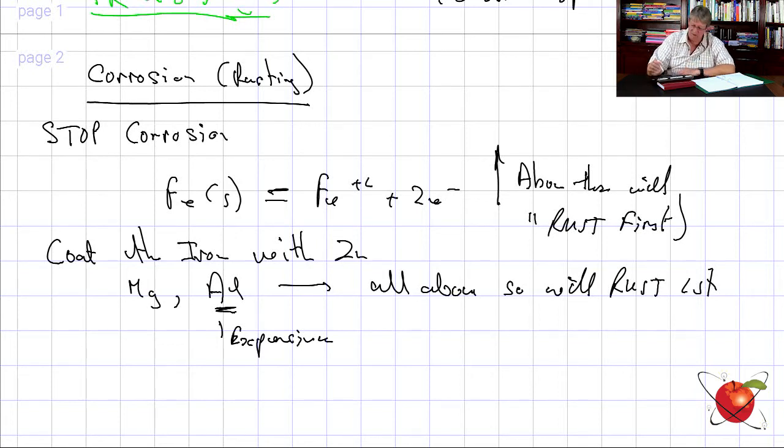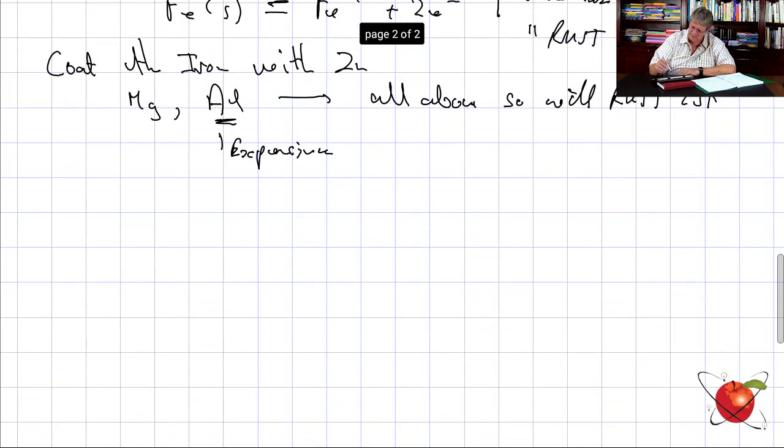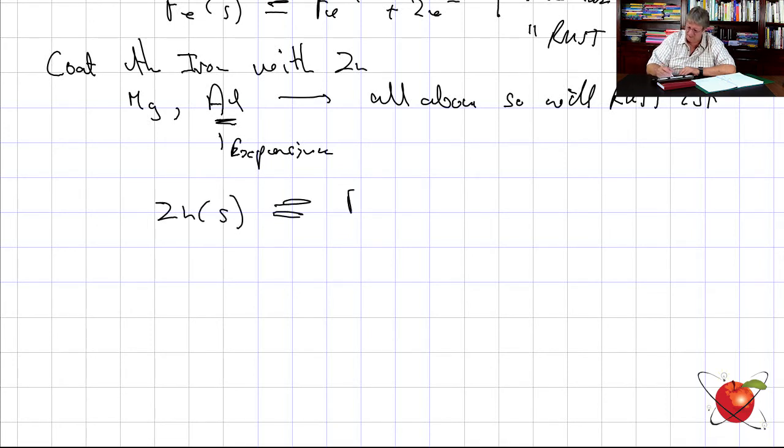So what we can do is we make the other one the anode. So we say, all right, zinc, solid, we'll make you the anode. Whoops, I almost wrote in iron there.